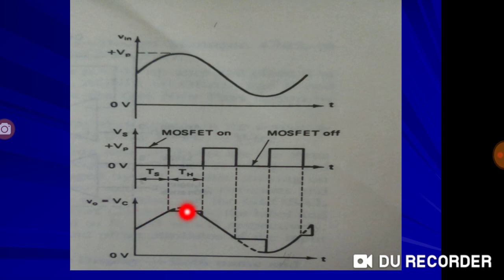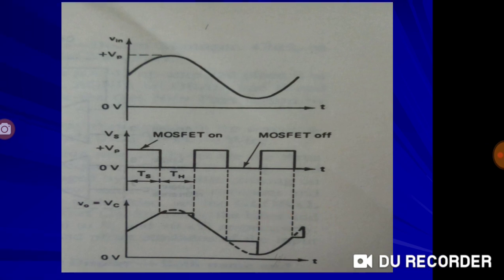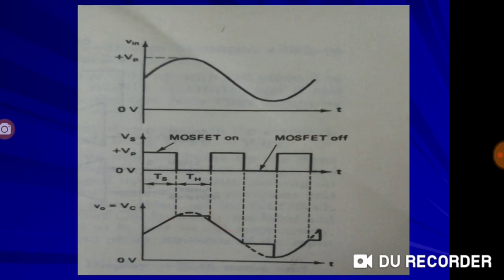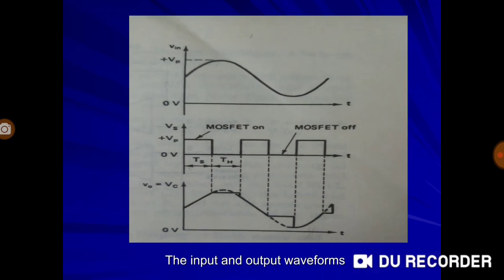Again when it is on, it is tracing that value, and otherwise during the hold periods it is constant, and again constant. So this is what we are talking about in a sample and hold circuit.